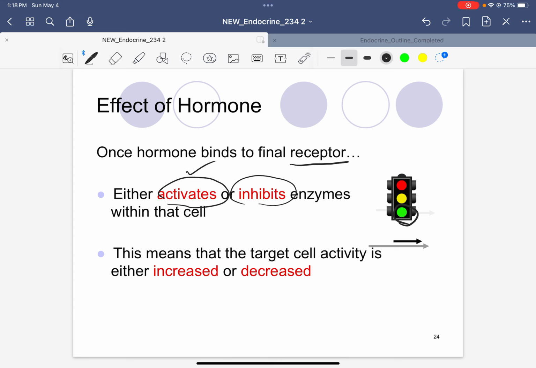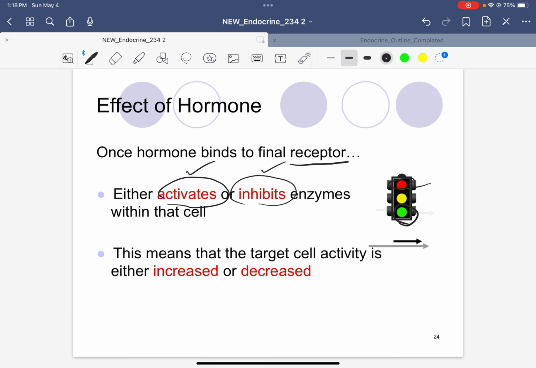Other hormones deliver a message that will inhibit the target cell, and that's like getting the red light. Think about cortisol. Cortisol is an anti-inflammatory. So what is the ultimate message, quote unquote, of cortisol? It wants to inhibit the inflammatory response. It tells the immune system, red light, slow down.